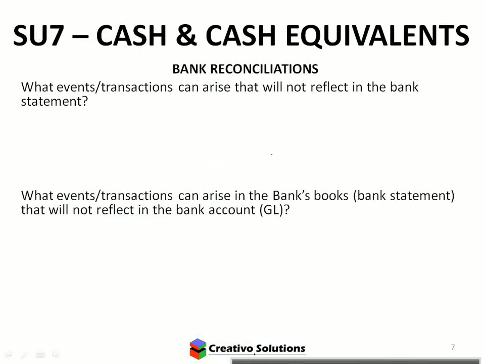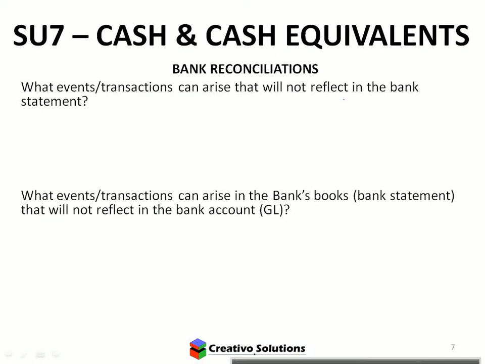So how do I know when to adjust and how do I know when to reconcile? Here are some transactions that you would have to provide for in a bank reconciliation. Can you guys think of events or transactions that can arise that will not reflect in the bank statement?